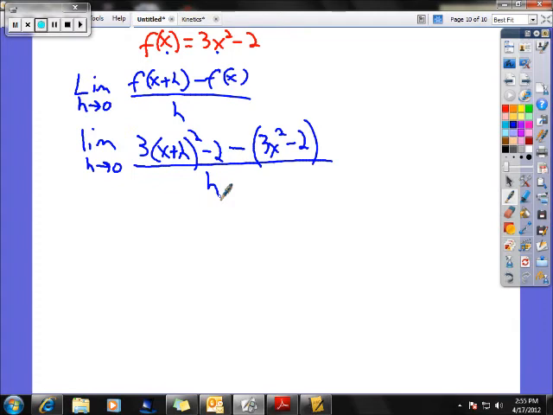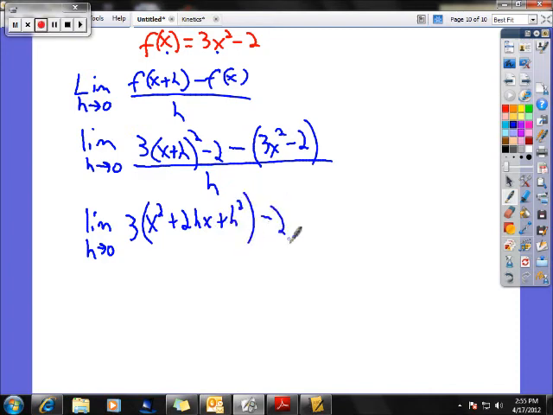The limit as h approaches 0. This x plus h squared is going to be FOILed, right? So I've got this 3 outside still, and then x squared plus 2hx plus h squared. And now I have this minus 2. And now I distribute this negative, so minus 3x squared and then a plus 2.